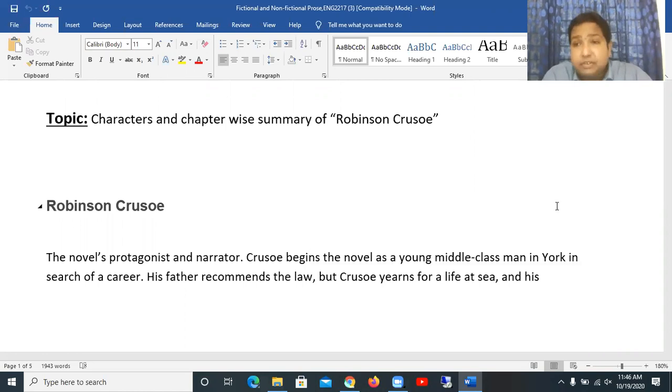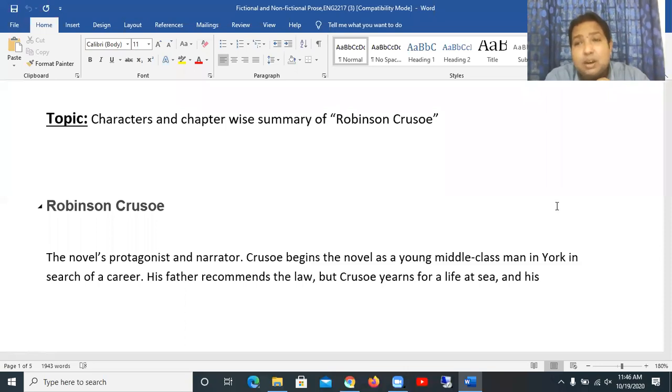There was a trend among the young men to go for sea travel, there was their dream. So though his father was very pragmatic, his father was much practical. That's why his father suggested, my son Crusoe, don't go for sea voyage.